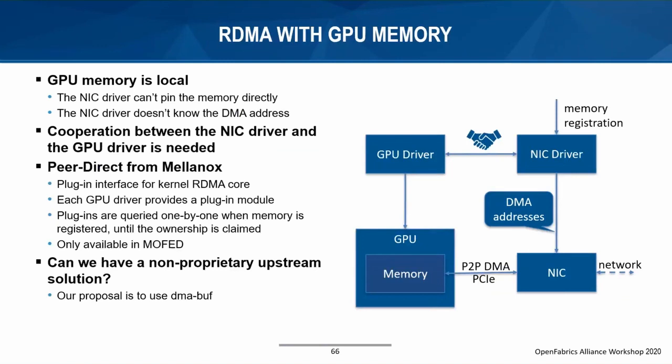In order to use the GPU memory in the RDMA operation, something needs to be done a little bit differently. One reason is that because the GPU memory is local to the GPU, the NIC driver cannot directly pin the GPU memory, and it doesn't know the DMA address of the GPU memory.